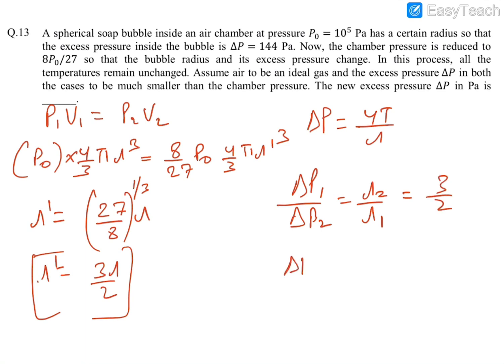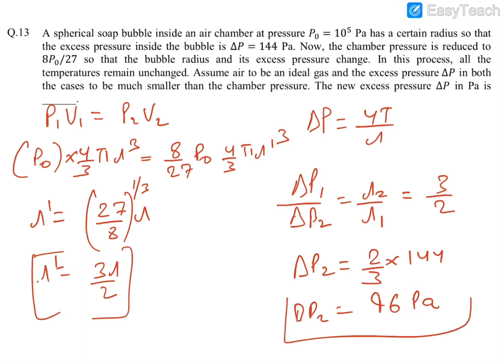So delta P1 is 144. So delta P2 will be equal to 2 by 3 of 144. So this would be 96 pascals. This is delta P2. So the correct answer is 96. Now we move on to the next question.